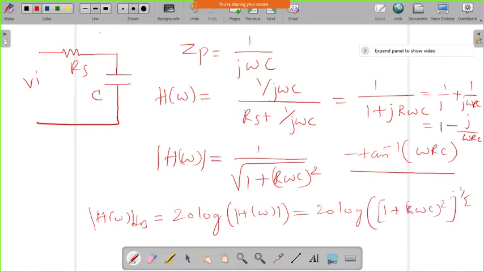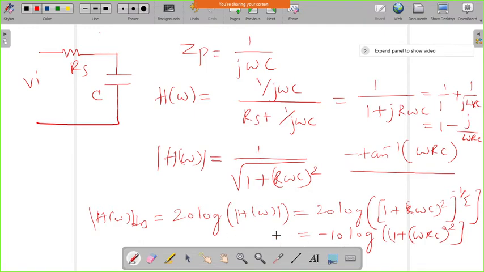We can take it like this, and you will get minus 10 log of 1 plus omega RC whole squared. This is the gain in dB.